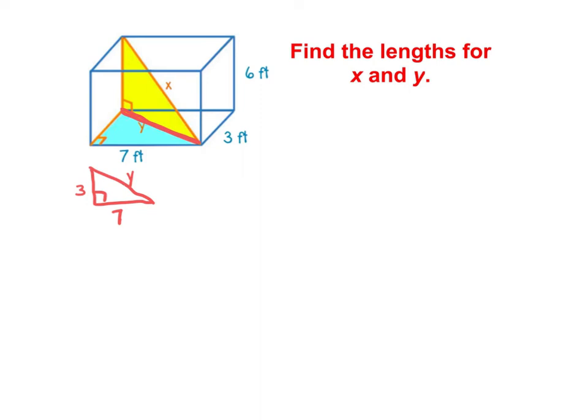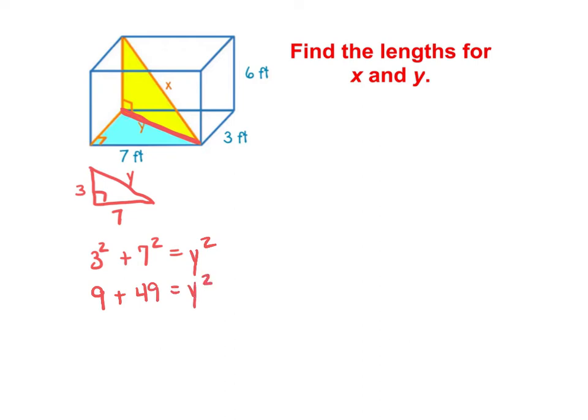So we are going to square the two legs and add them together. So 3 squared plus 7 squared is going to equal our hypotenuse, y squared. 3 squared is 9. 7 squared is 49, which equals y squared.